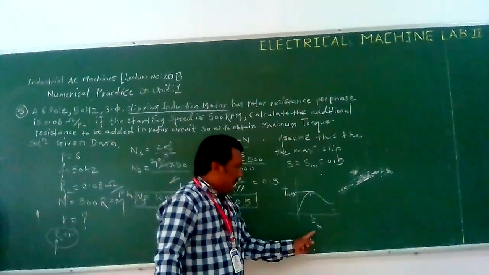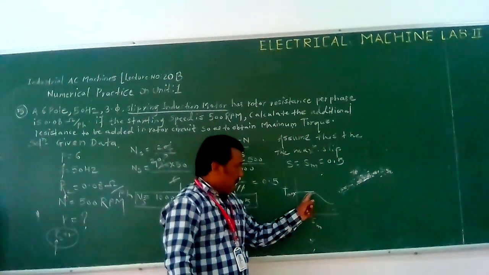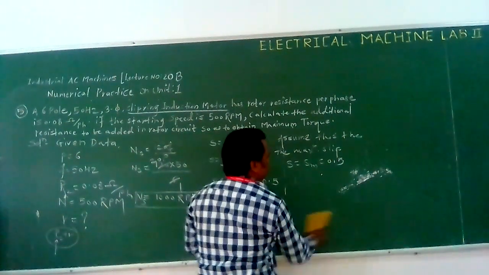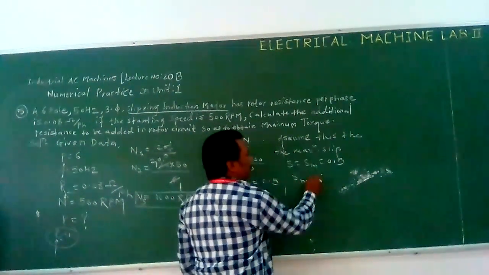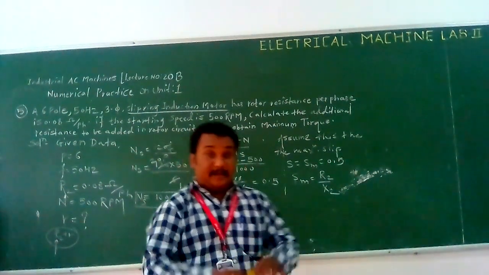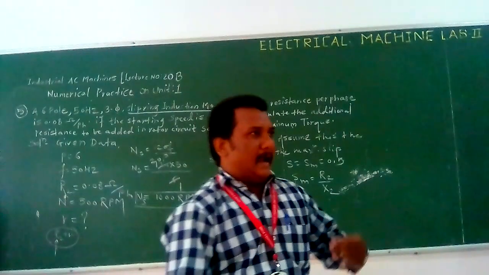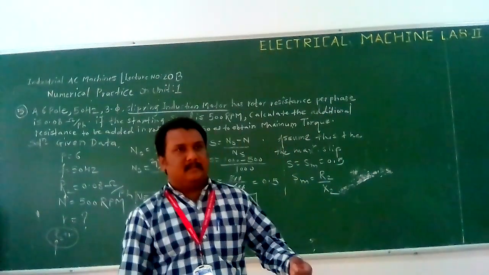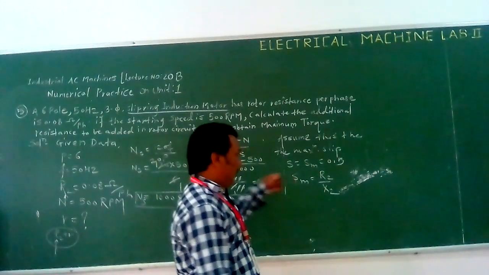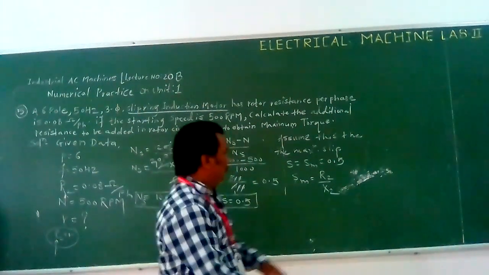It is the value of maximum slip at which the machine produces maximum torque. We know that Sm is equal to R2 upon X2. Whenever rotor resistance R2 and rotor reactance X2 become equal, then the slip will be maximum.